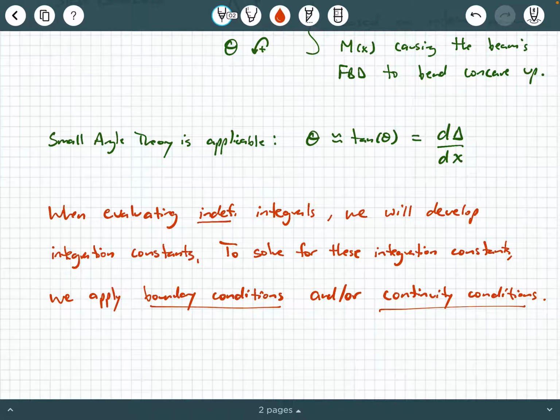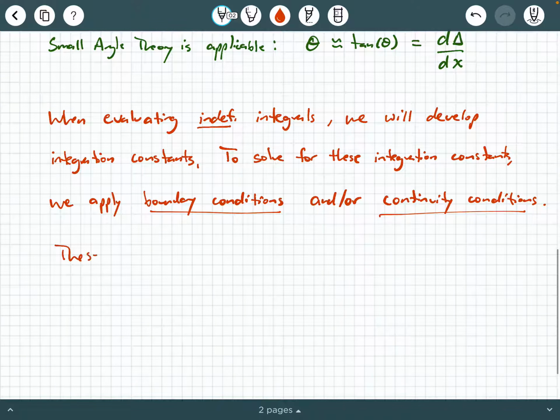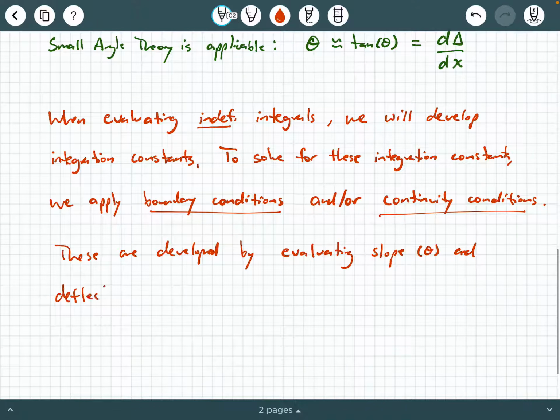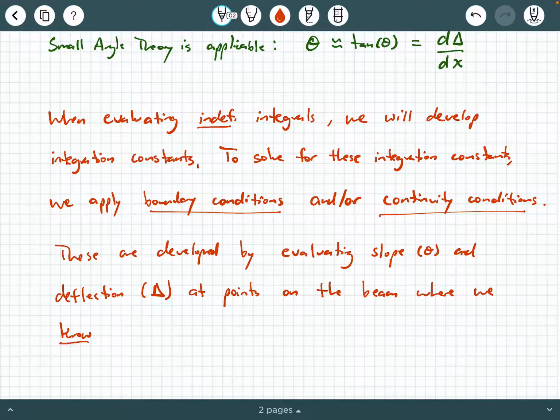So we're going to make a note here. We're going to say these are developed by evaluating slope, which is theta, and deflection, which is delta, at points on the beam where we know a particular value of theta and delta.